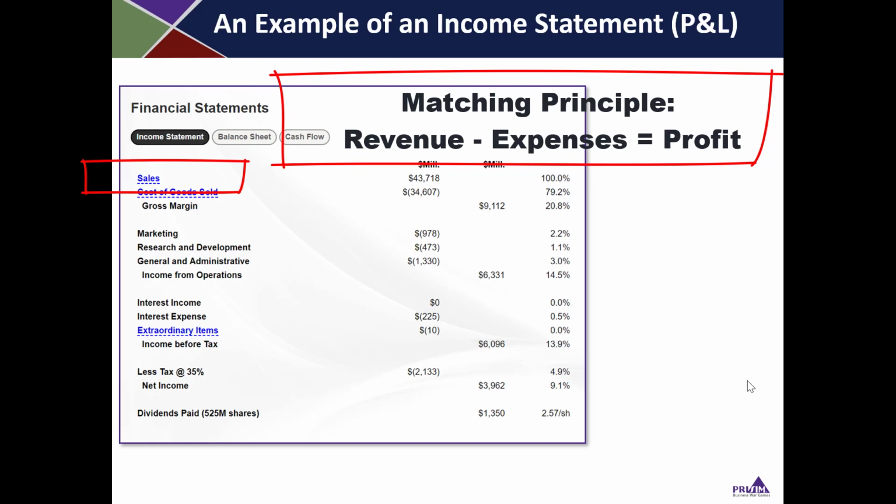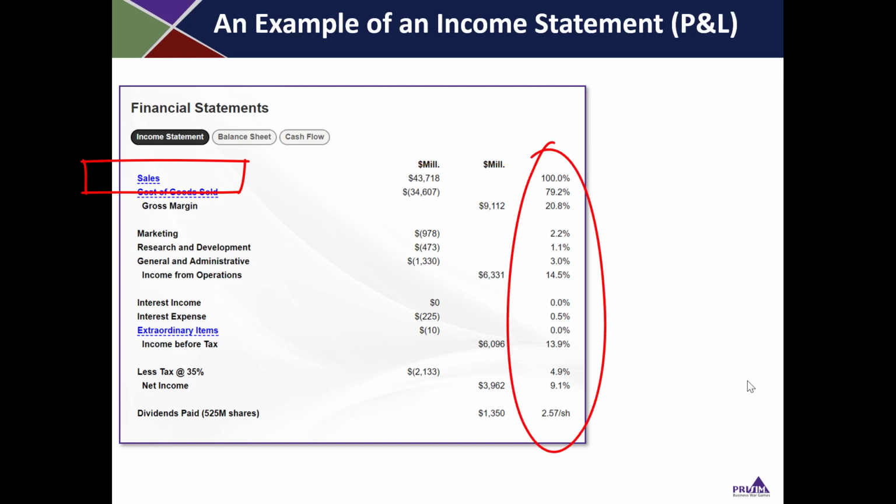So revenue is not affected as a concept whether you're being paid cash during the period or whether you collect later in a different period. And notice too that on the right-hand side of this statement, we have a column that's showing you each of the line items as a percentage of those sales.